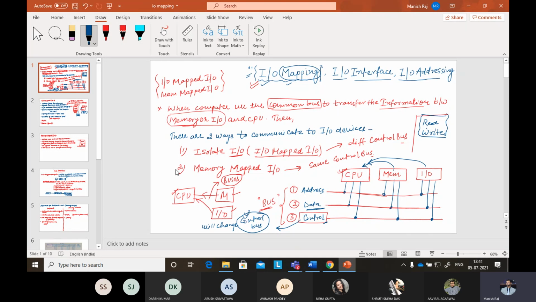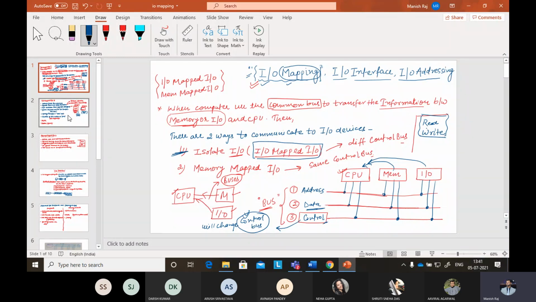So there are two types according to how the control bus is used. In the first part, this is the IO mapped IO, or isolated IO. You can see the read and write operations are different for the memory and for the IO devices, so the control buses are changed.